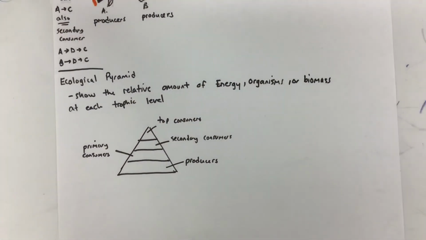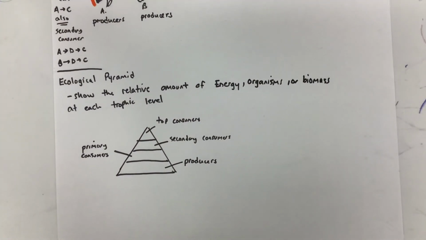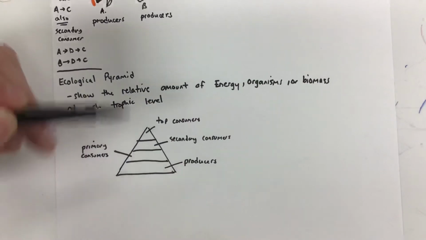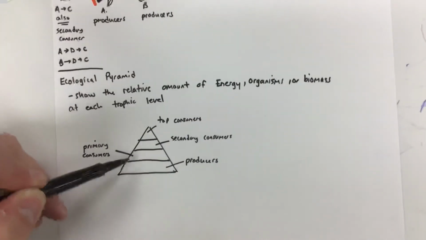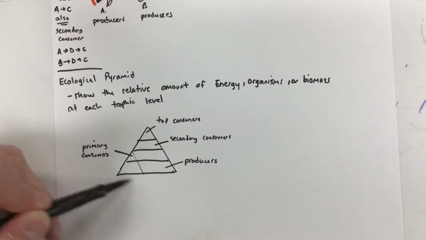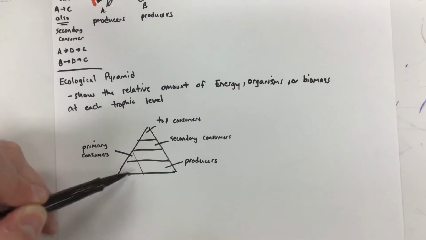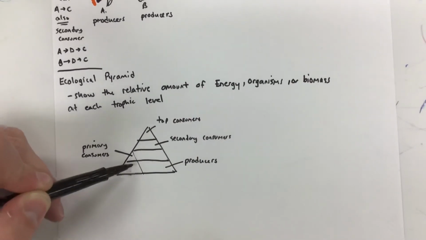Okay, so notice as you go up the food chain, as you go up the food web, what happens to the amount of energy? Goes down. What happens to the number of organisms? Less and less. And so this is why, right, if you are a vegetarian, in order to keep you alive, you need a lot fewer producers. So you need a lot less land, a lot less things to keep you alive. Let's say you needed that much.